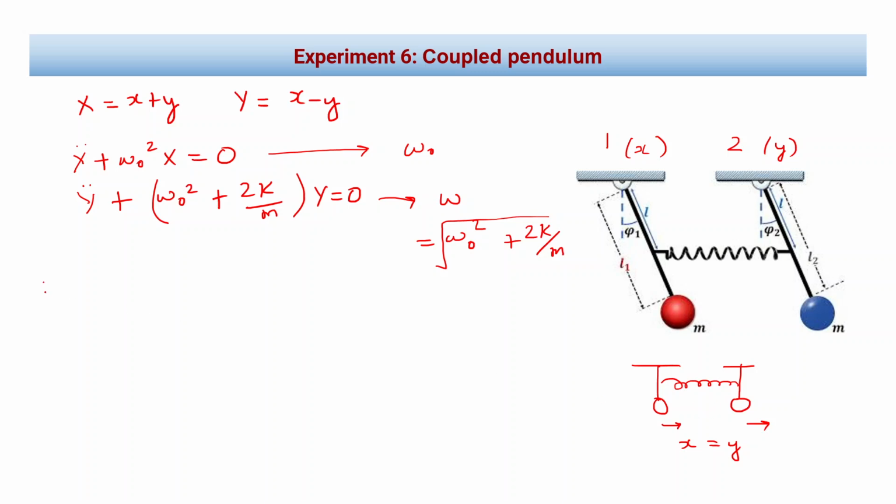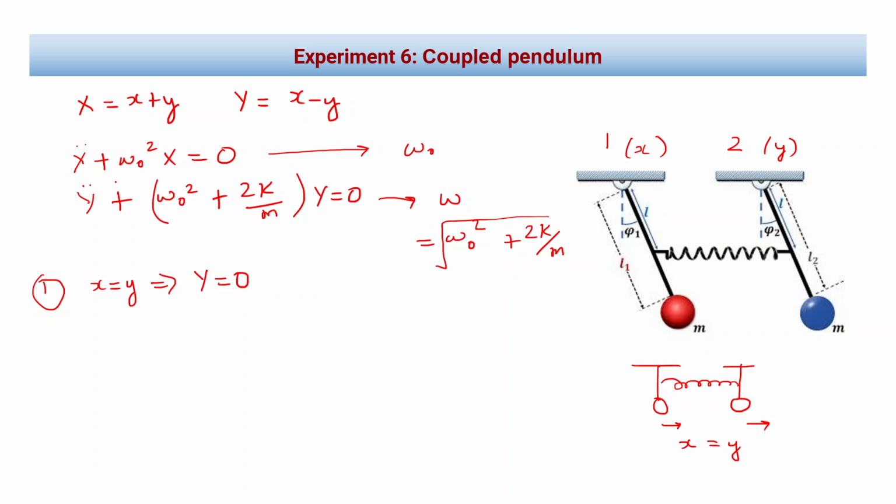So this will be our case 1, that is x is equal to y. From here you can say when x is equal to y, capital Y will be 0. That means this equation will be 0, right?